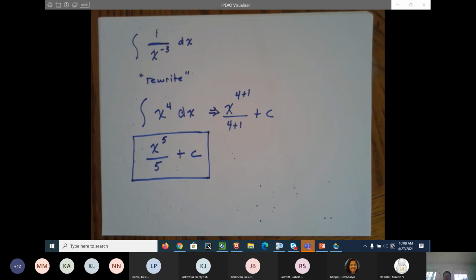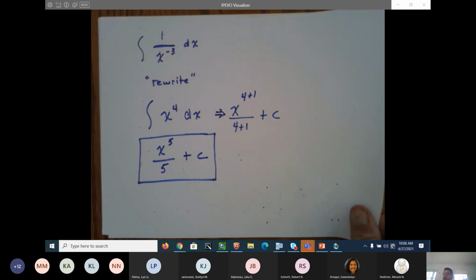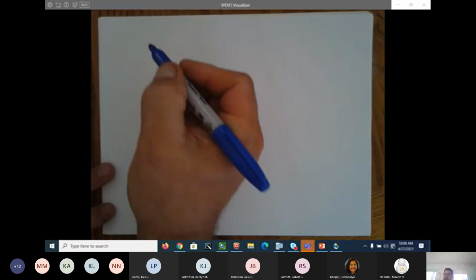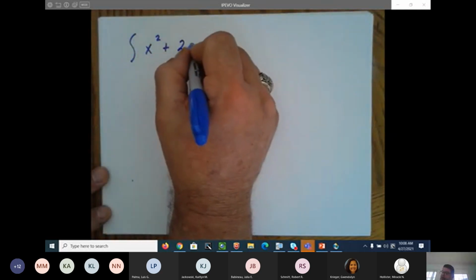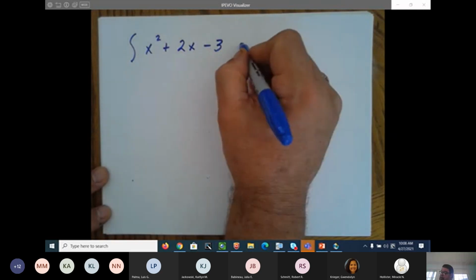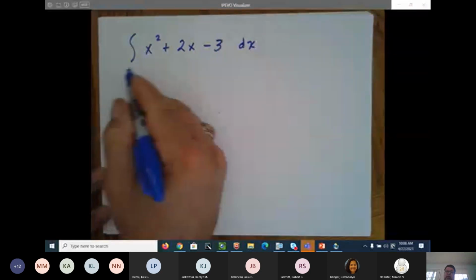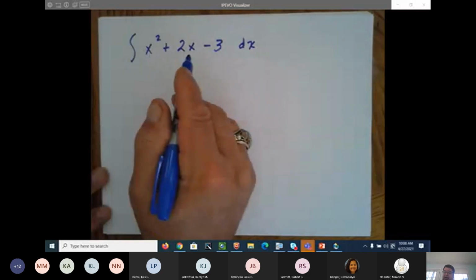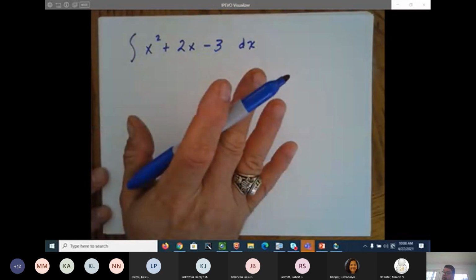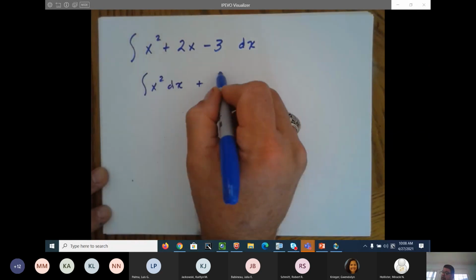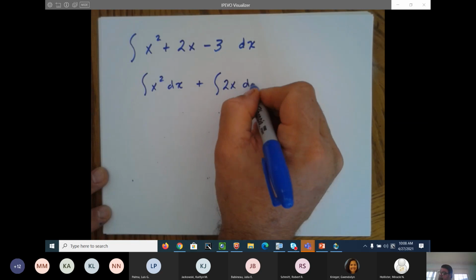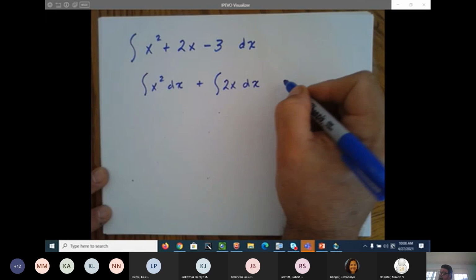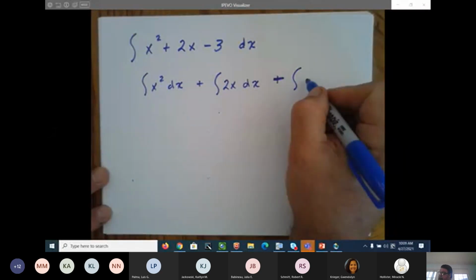Now, of course, you can do all your terms as a single term: the antiderivative of x squared plus 2x minus 3 dx. You can break that up, or you can leave it as it is. I don't care how you do it, but that would be the antiderivative of x squared dx plus the antiderivative of 2x dx minus the antiderivative of 3 dx.